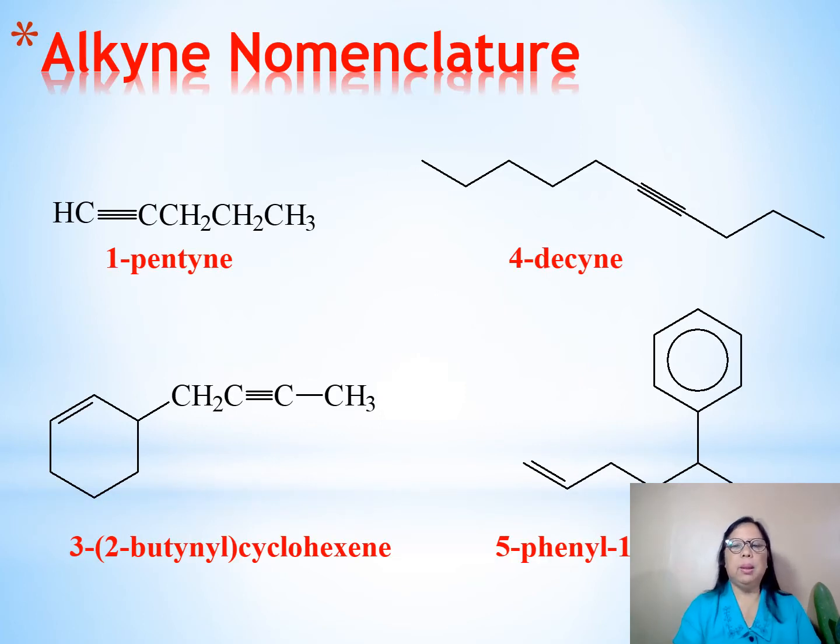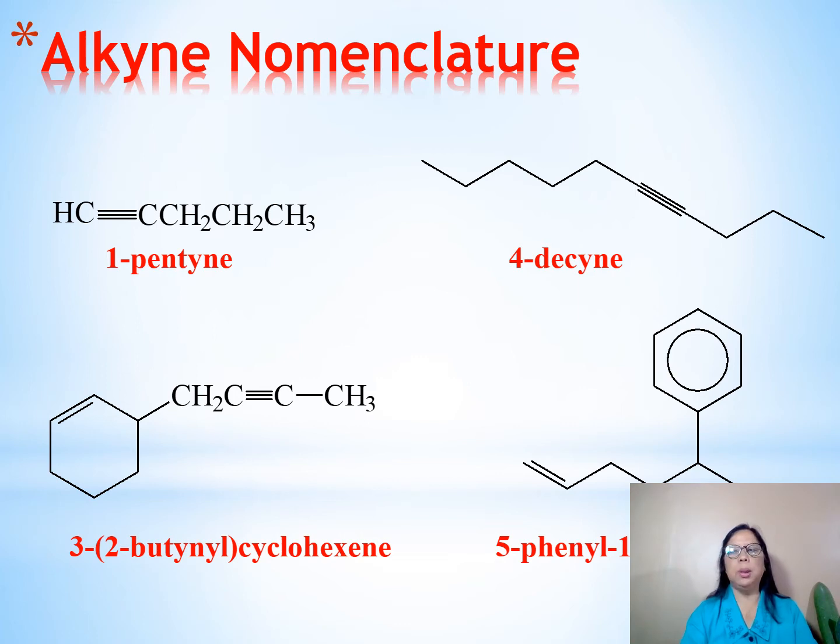So you have here other examples, both aliphatic and aromatic. So you have here a triple bond, so you write there yne. There are 1, 2, 3, 4, 5, penta, so it is pentyne. The carbon 1 contains the triple bond, so this is pentyne or 1-pentyne. And then you have here a triple bond, so you write there yne.